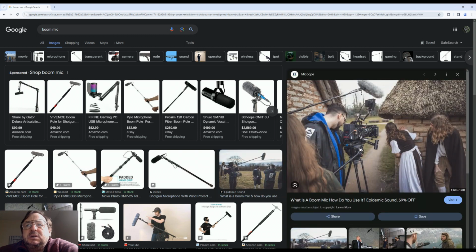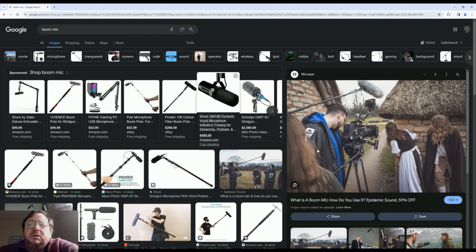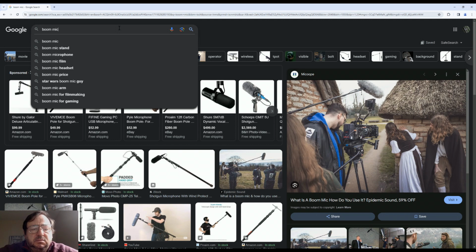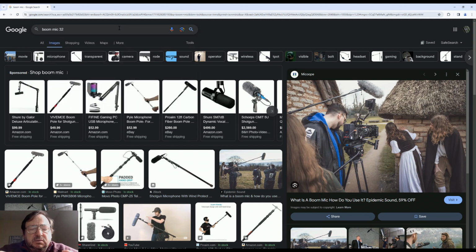But now this tripod, I don't see any mics, so they're using external recording. So with that one you can record 32-bit, but you need to find a boom mic, 32 float.